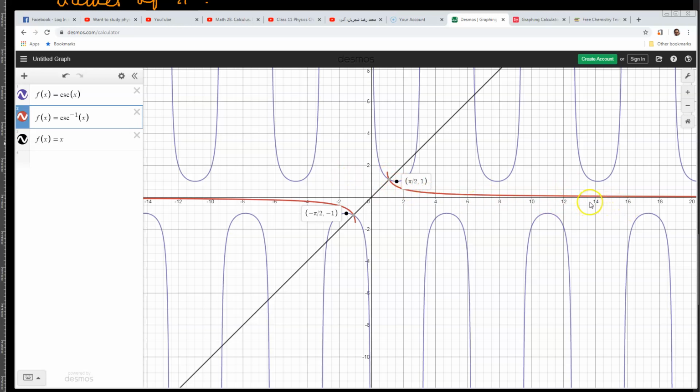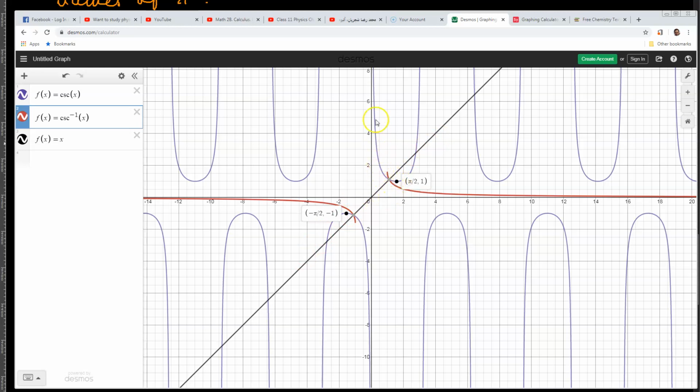You can just keep going towards the positive infinity across the x-axis, and what that means is that the function is actually symmetric about this line, right?